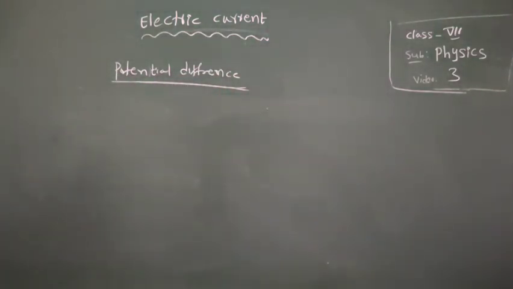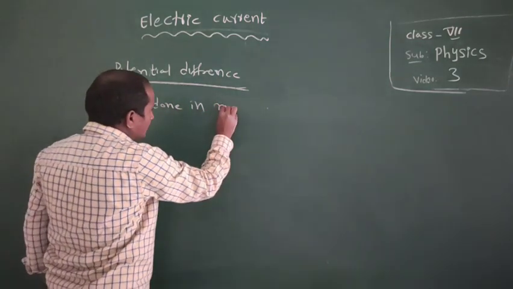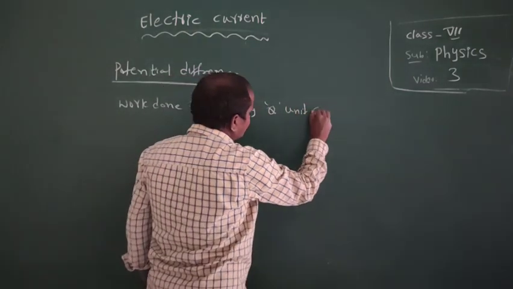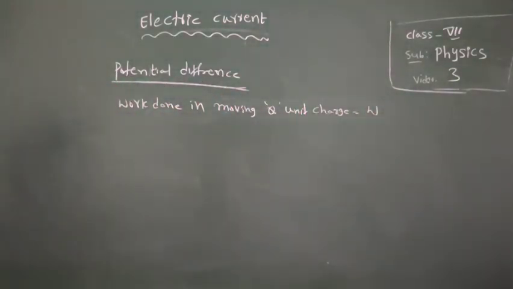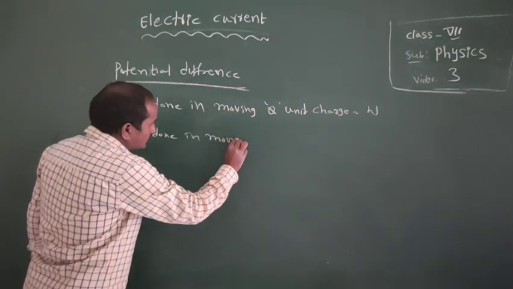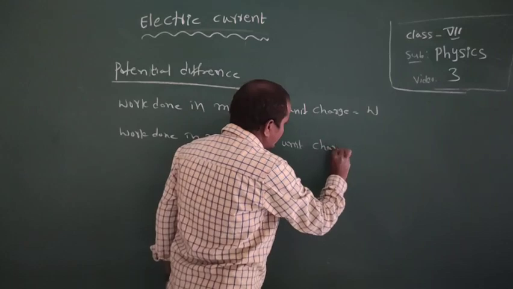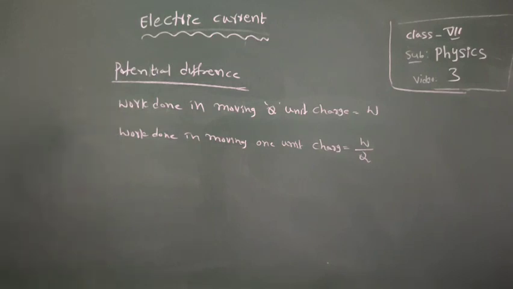Listen once again. Work done in moving Q units of charge is equal to W. Work done in moving one unit charge equal to W by Q. But what is the definition?